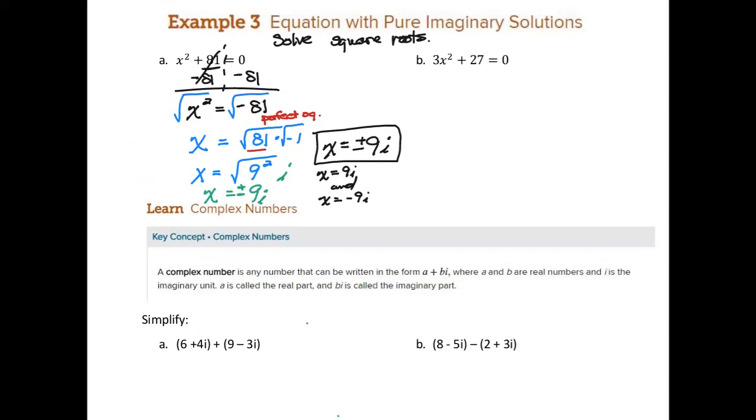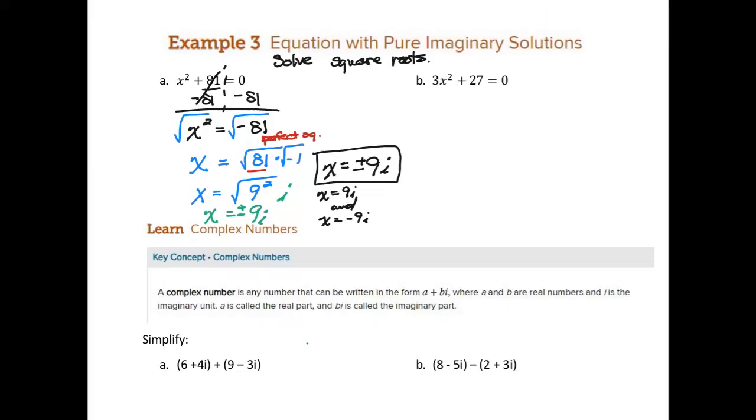Okay, that was a little confusing, right? Let's now do the same thing with letter B. We are solving by way of square roots, not by factoring. If it was by factoring, I would leave it set equal to 0. So I want to move this to the other side.